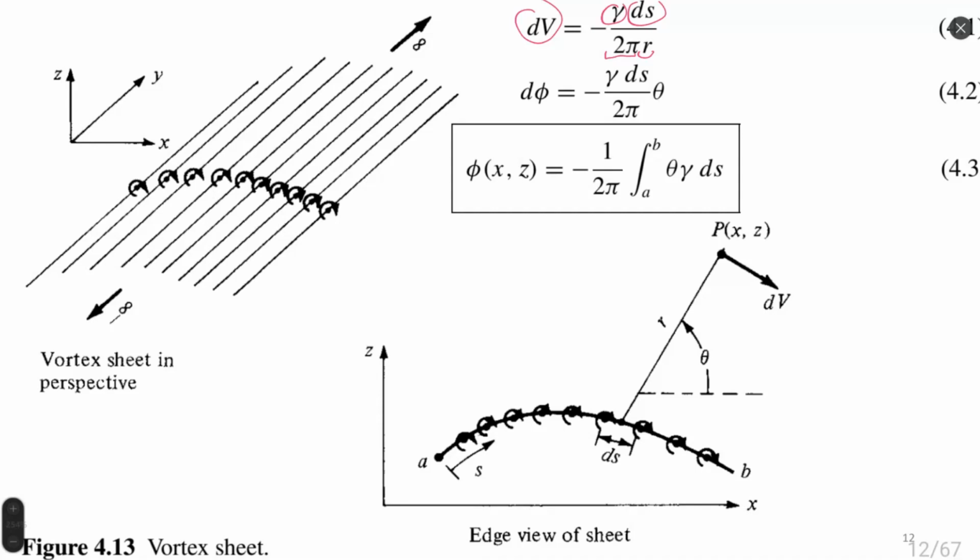And we can see that if point P is placed at an infinitely far distance from the vortex sheet, the change of velocity will not happen. This corresponds to infinite conditions, V infinity, because V infinity is the undisturbed flow.